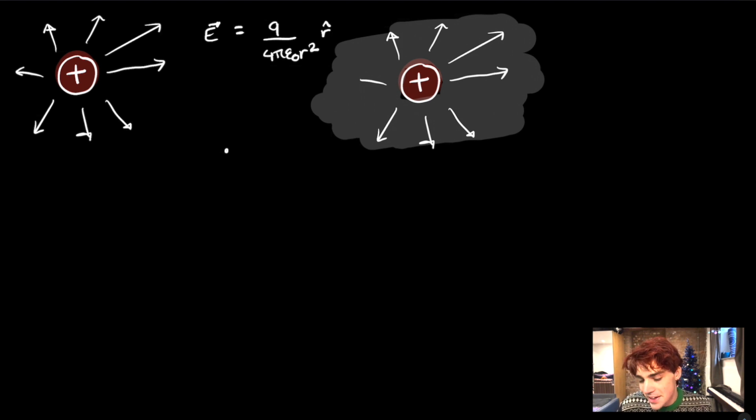So what's going to happen to the electric field? Well, we're still going to get this electric field being emitted by a positive charge right here. But let's think about what actually is inside a metal. Inside a metal, we have electrons that have become delocalized from their atoms where they came from, and they are free to move, which is how we can get an electrical current.